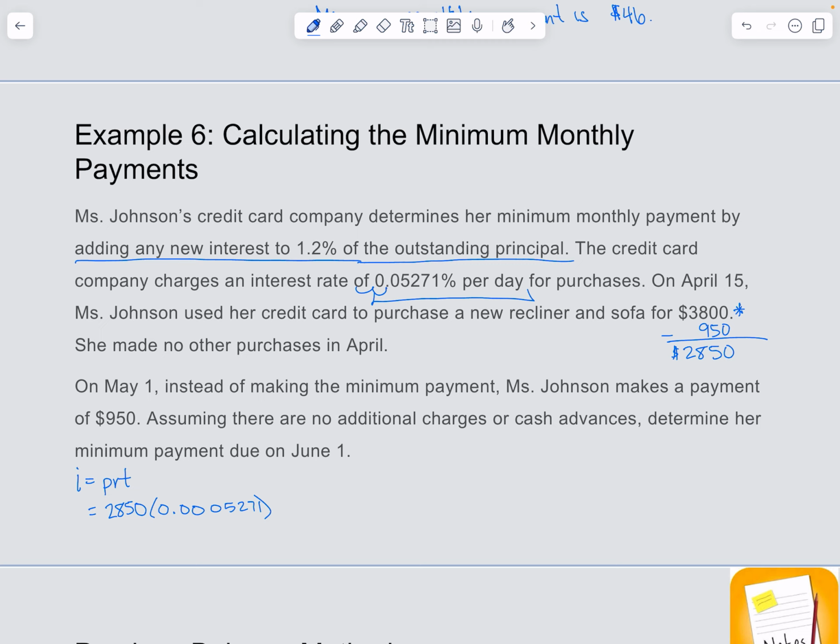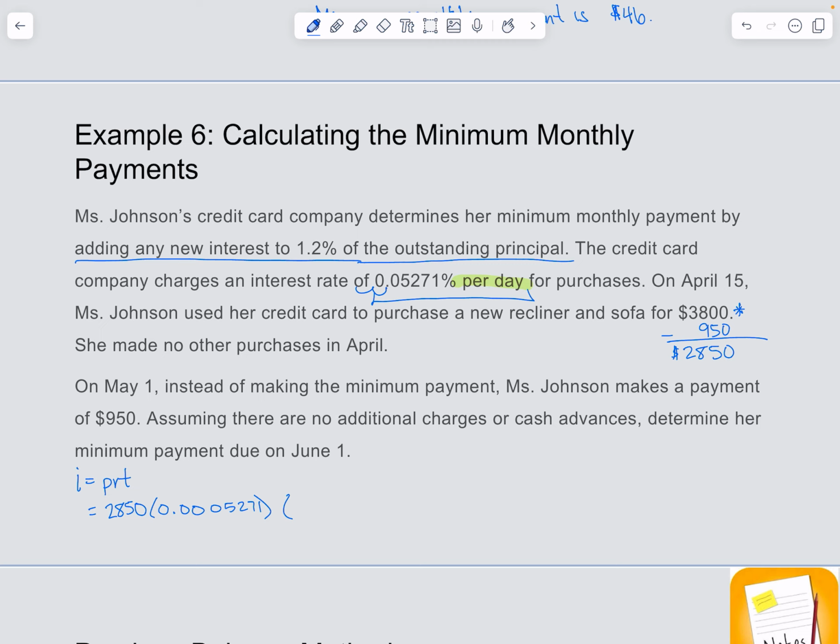Okay, and our time, since this is a daily rate per day, right? It's our daily rate, so our time has to match our rate in this case. I know I have hammered it into you saying time is always in years, but in this particular example, they gave us the rate in days, so our time has to be in days.